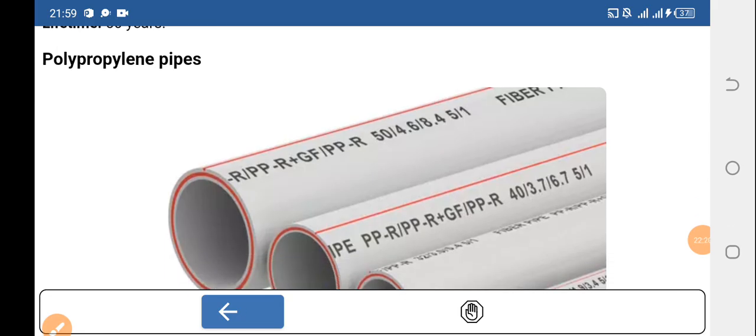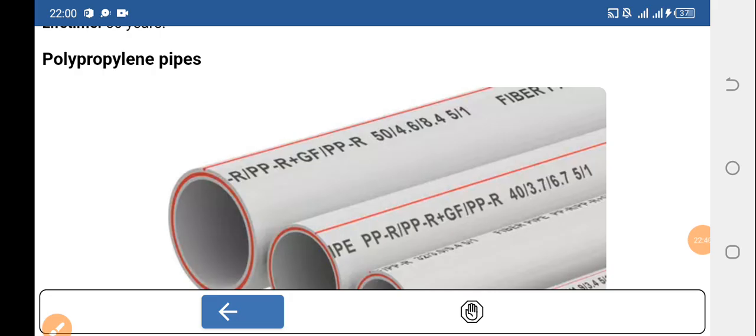Now I come to polypropylene random. In other words, I'm talking about PPR. That's why I'm getting the letters PPR, polypropylene random.